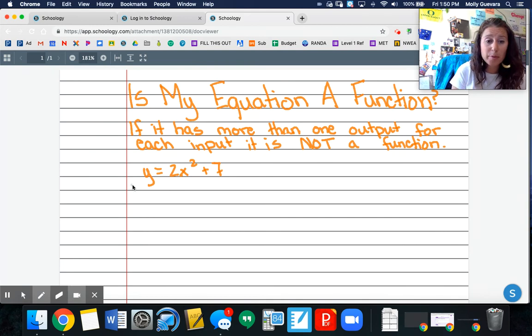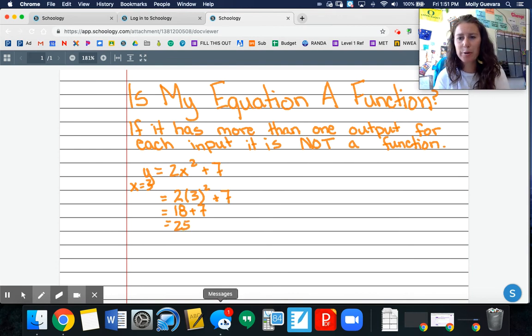Let's pick x equals 3. So if I plug that in, I have 2 times 3 squared plus 7. 3 squared is 9. 9 times 2 is 18. Plus 7, and I get 25.